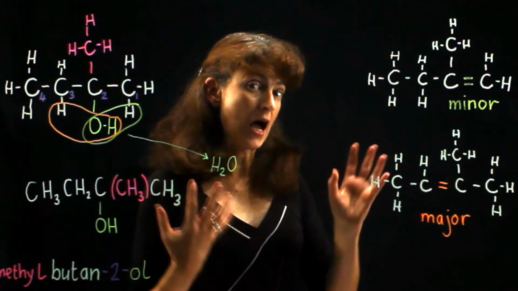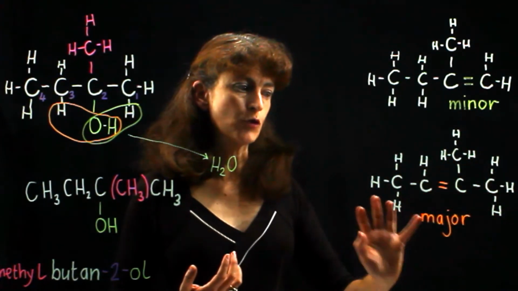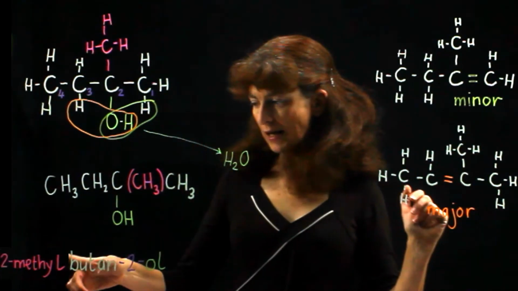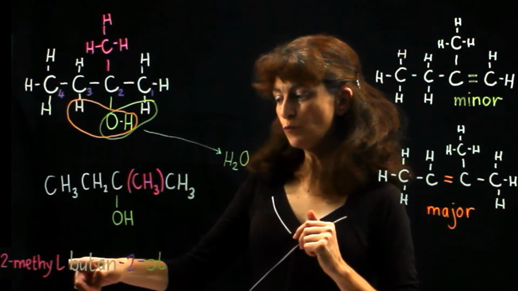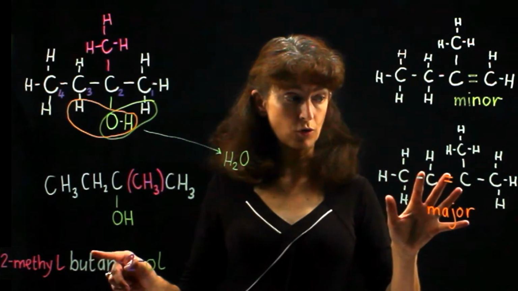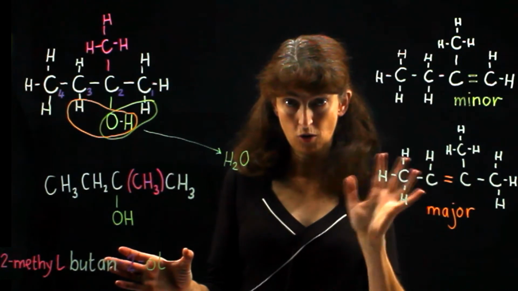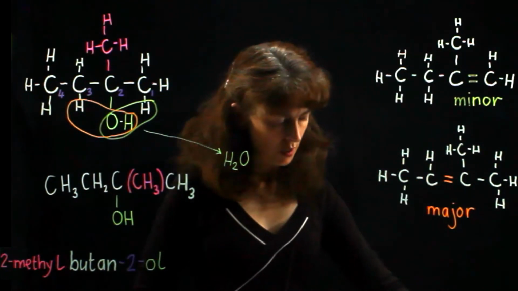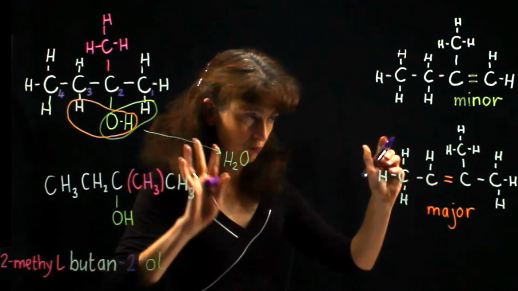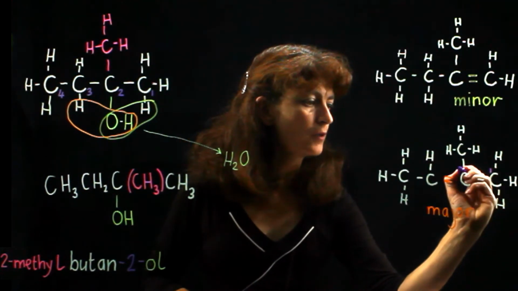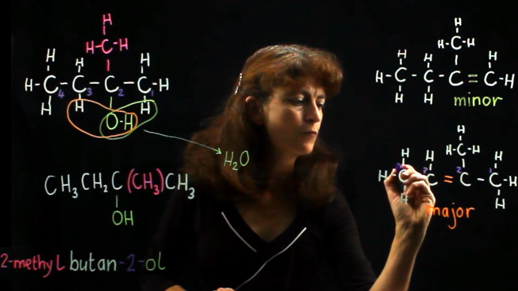Now we're asked to give the IUPAC name of this major product. For the same reasons that this is 2-methylbut-, this is also 2-methylbut-, but then the last part is no longer applicable. So let's just start with what we already know. This is 1, 2, 3, 4.